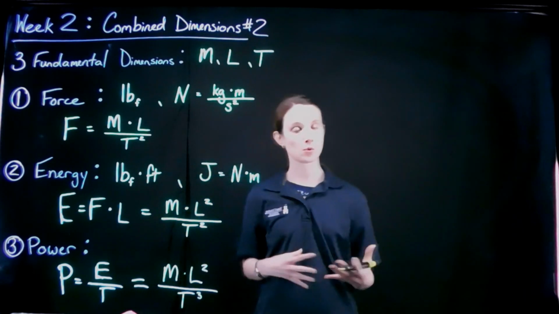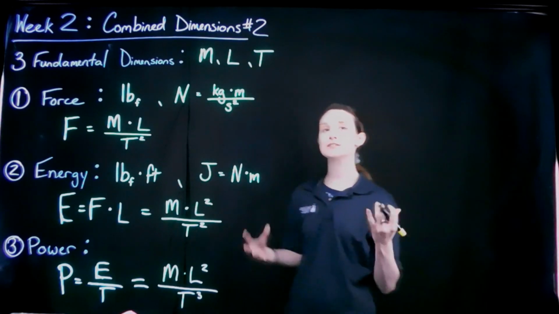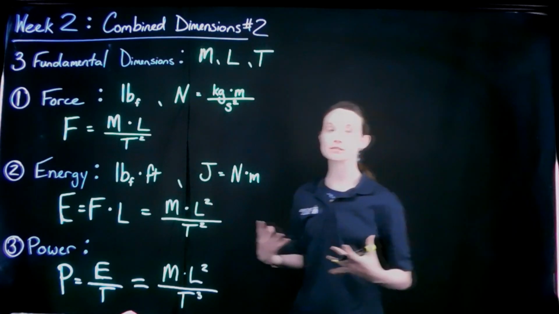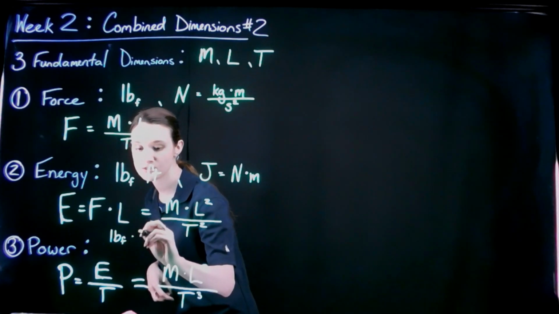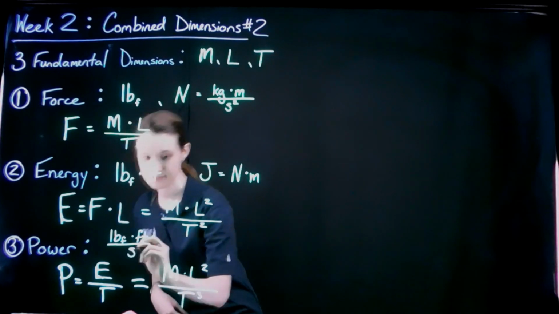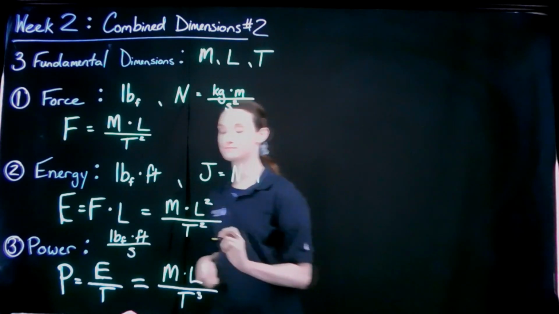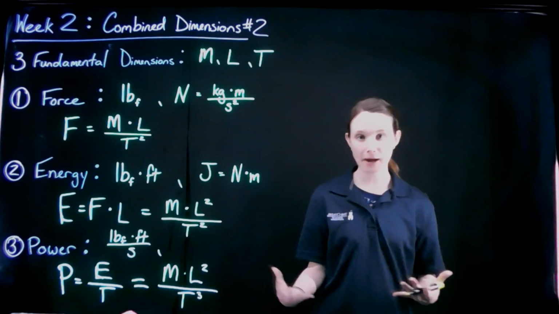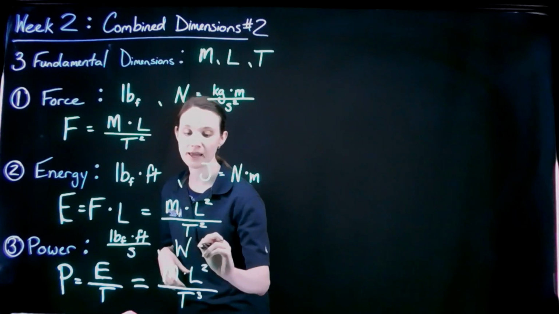When we think about power, in the US we often think about things in horsepower, which is derived with a little bit of conversion factor from what is technically our standard unit, pounds force times feet divided by seconds. Yeah, it's weird, I know. I like SI. Yay, environmental engineering. In the SI unit system, though, they produce another combined unit to represent power, and this is what we call a watt.